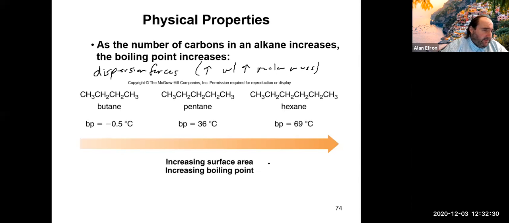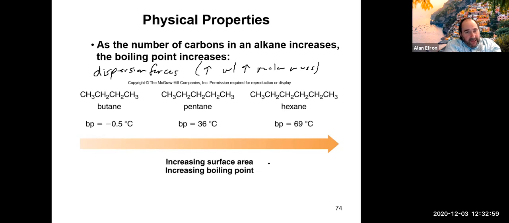So the idea behind dispersion forces, if you remember, is they basically occur from electrons distorting themselves, so electrons moving from one side to the next. That's something known as polarizability. And when that occurs, it creates, in a nonpolar molecule, just so we're all clear, a nonpolar molecule means that there is equal sharing of electrons over the entire molecule.